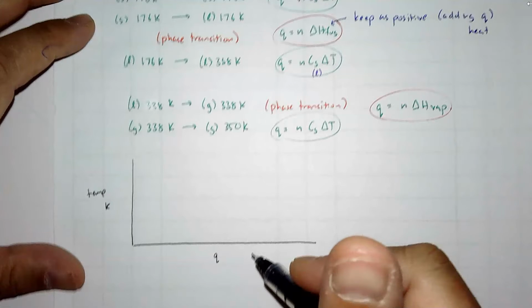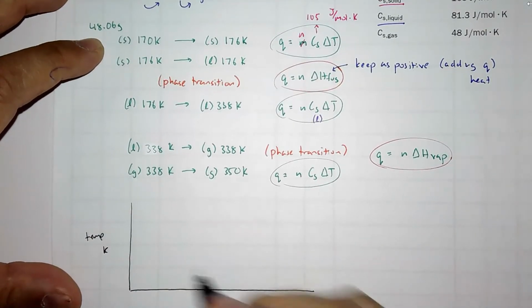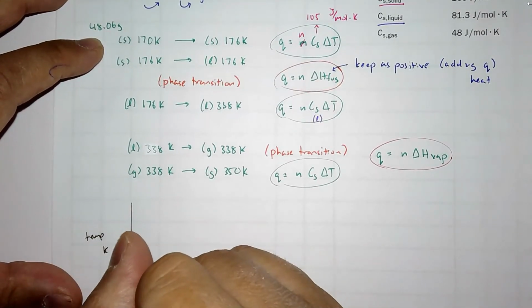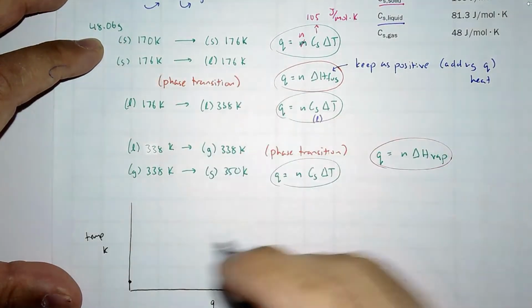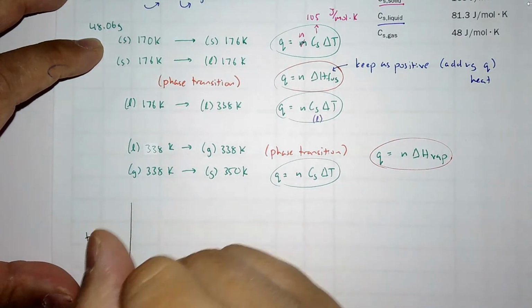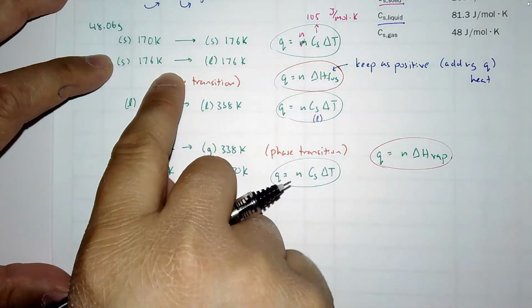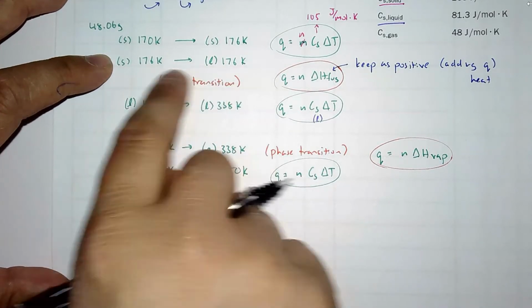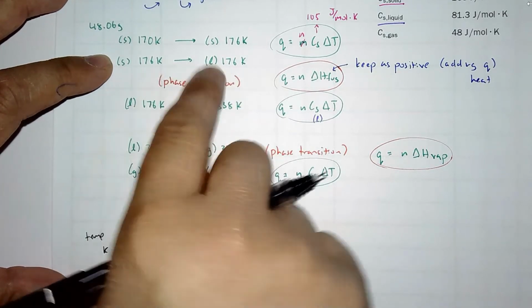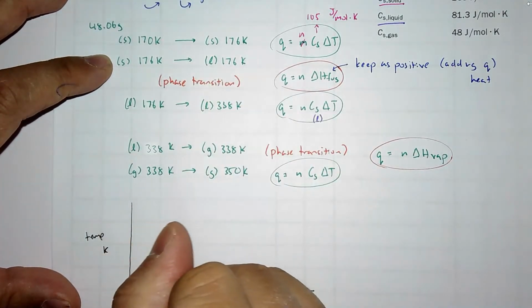Because you're starting out as a solid, so you have a low temperature right here. We're raising up to 176, so about 6 degrees, and then we hit the phase transition. And did you see how I said it's plateauing? Because the temperature doesn't change. That's what it means.